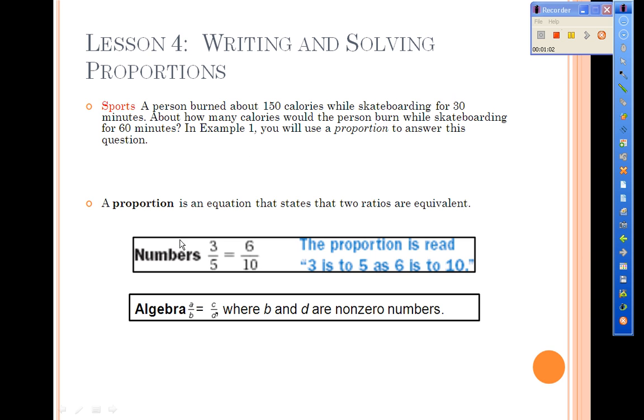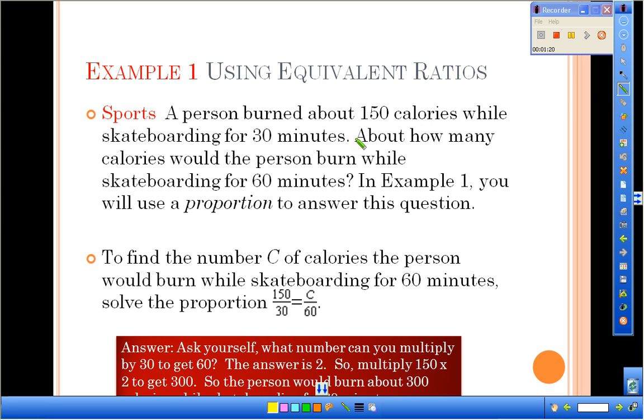And let's go back to that example that was on the first slide. It says a person burned about 150 calories while skateboarding for 30 minutes. About how many calories would the person burn while skateboarding for 60 minutes? In this example, we are going to use a proportion to answer the question.